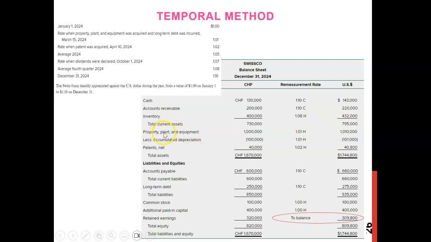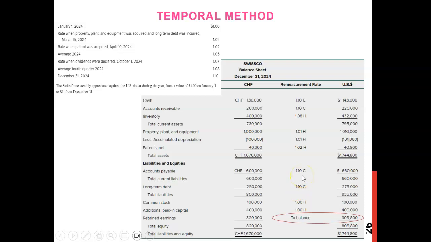Historical rate means when we recorded those items, when we purchased those. So for plant, property, equipment, here March 15 is the historical rate. For patent, it's April 10. So we are using different rates based on their acquired or purchased or recorded dates. Those are the historical rates.